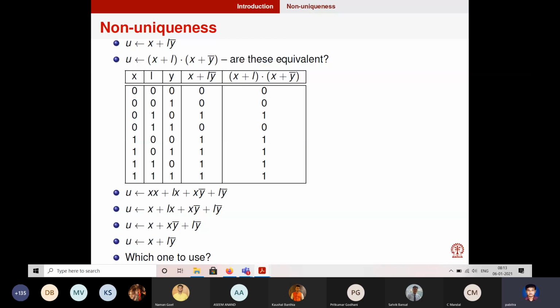And we already discussed in the last class that this is not the only way to represent the outcome of the variable U. There are many other ways. For example, if you write X or L, so either the light is low or the light is already on, and, the light is low or the outside light is not enough.